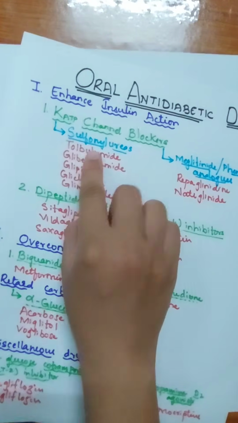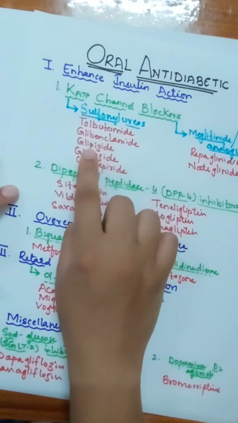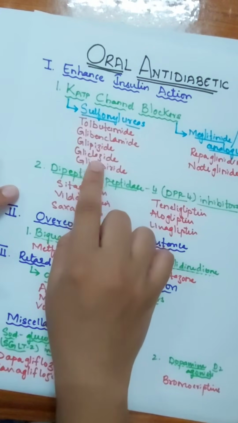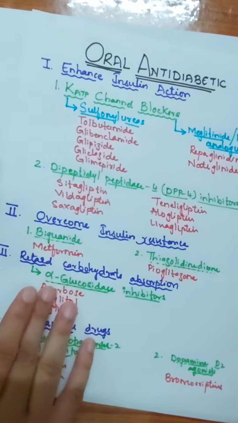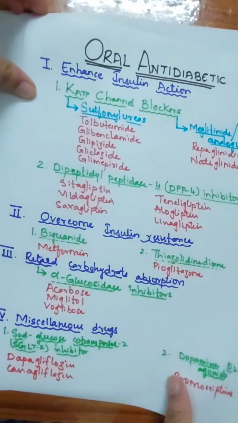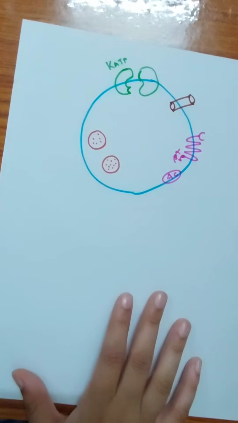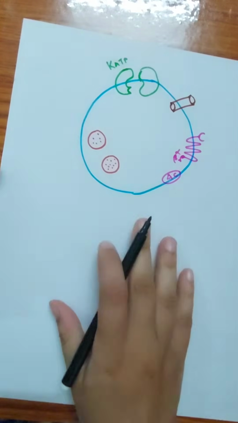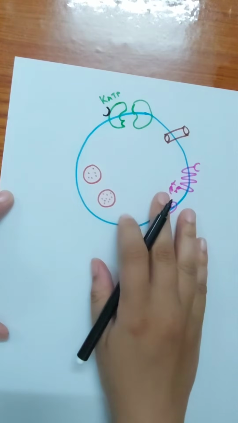So first of all are the sulfonylureas, and the examples are tolbutamide, glibenclamide, glyburide, gliclazide and glimepiride. What these sulfonylureas will do is bind with the sulfonylurea receptor. Now the question is where exactly is this sulfonylurea receptor present? The sulfonylurea receptor is basically present on this potassium channel itself.